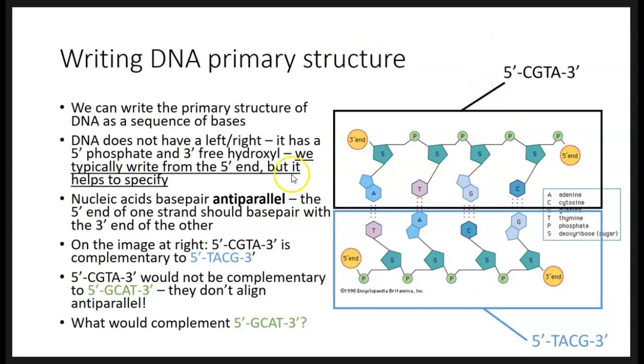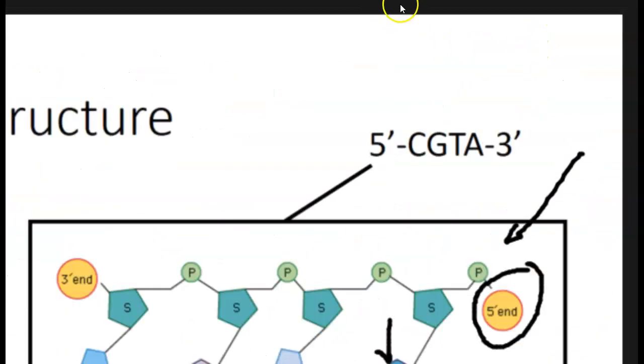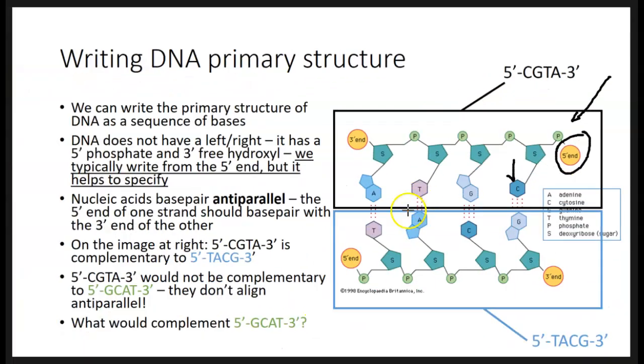If we look at this DNA up here and look at the monomer units, the 5' phosphate of this monomer is over here, and the nitrogen base attached to it is a C. And so the structure that we'd write is 5' C. The next nucleotide on the chain is a G, then followed by a T, and then an A when we get to the 3' end.